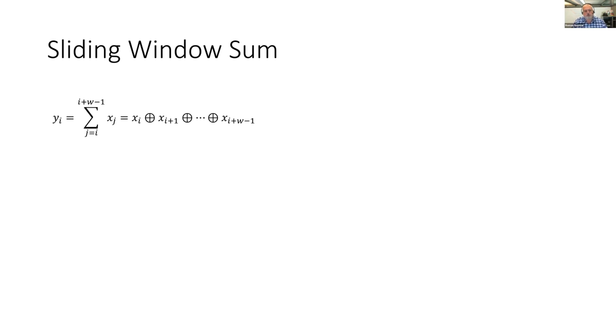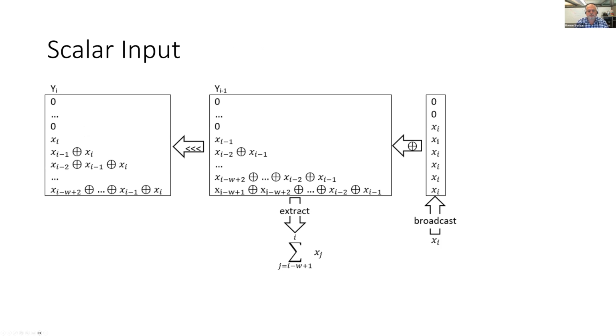Using the notion of the prefix sum, you can create an interesting and parallel algorithm. First, let's think about the case where the data from your long array comes one by one as scalars. You have a vector that contains partial sums.